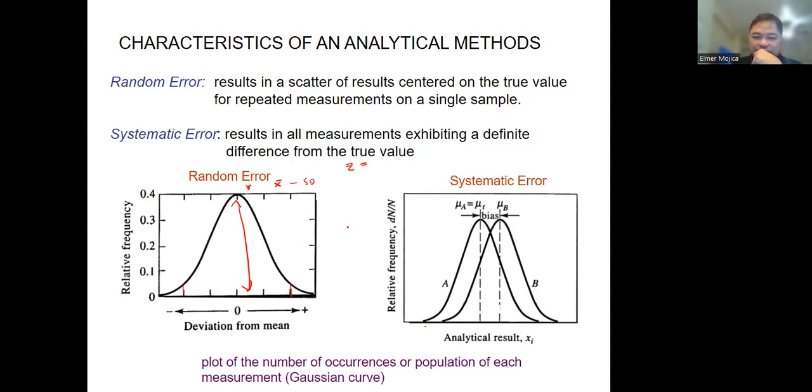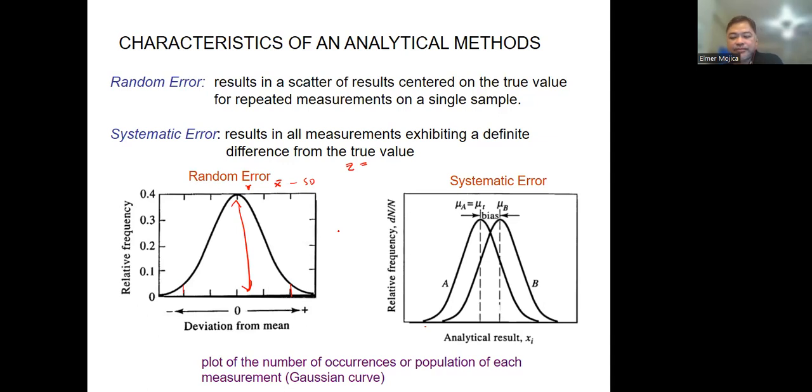Have you discussed Gaussian curve in 32? How to determine the percentage, given your mean and standard deviation? Na-discuss nyo na ba yan sa 32? Class?